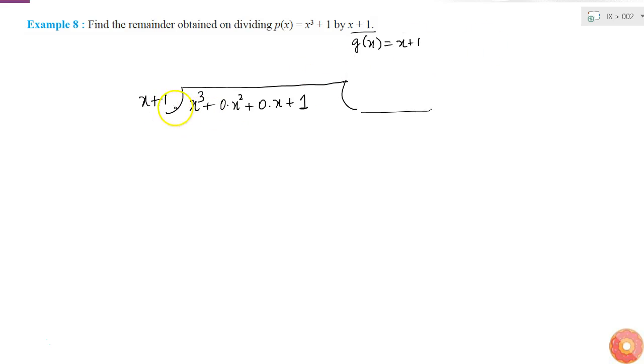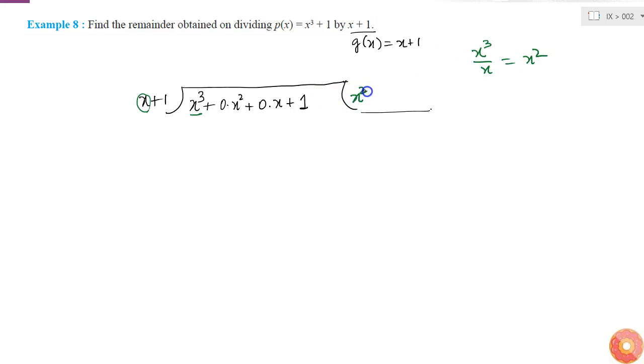So what is the first term of the quotient? The term having the highest degree of x, I divide by the term having the highest degree of x in the divisor, because I will try to eliminate my highest degree terms so that I have to deal with smaller and smaller degrees. So that will be x cube by x, which is x square.